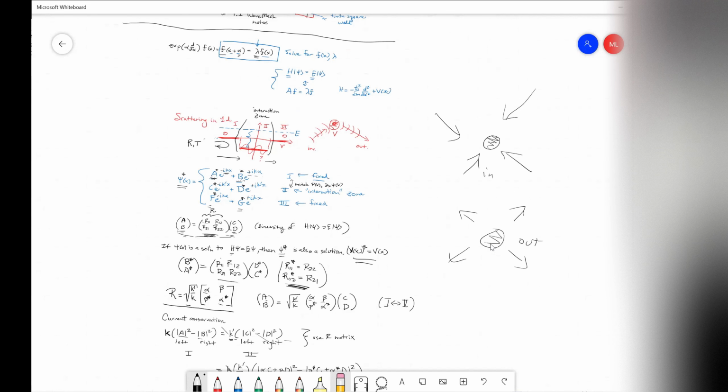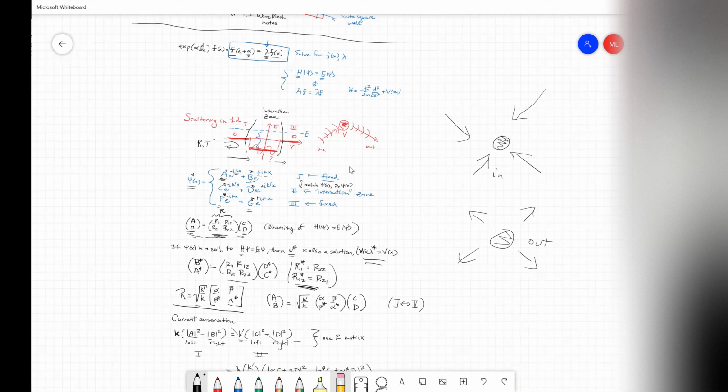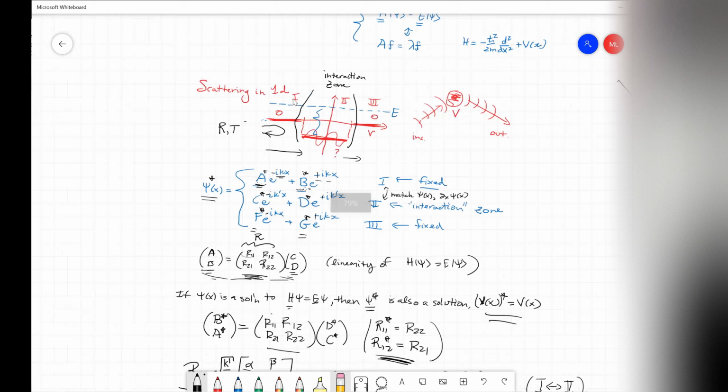And in 1D, it's not really regions 1 and 3, right? It's different. In region 1, we have things coming in from the left. That's coefficient A that goes in. And in region 3, we also have stuff coming in from the right, from out here.